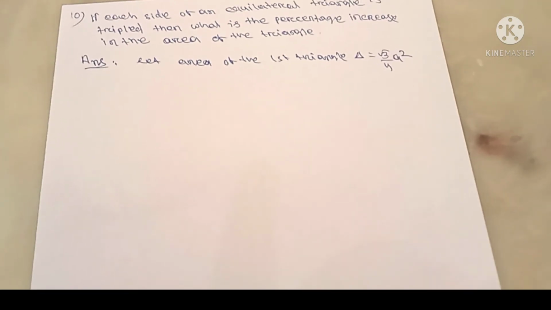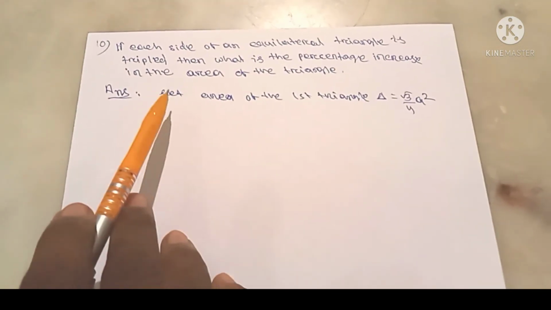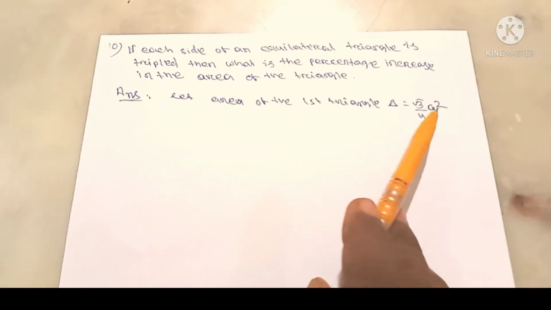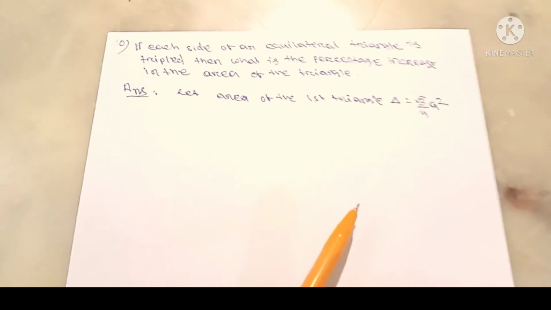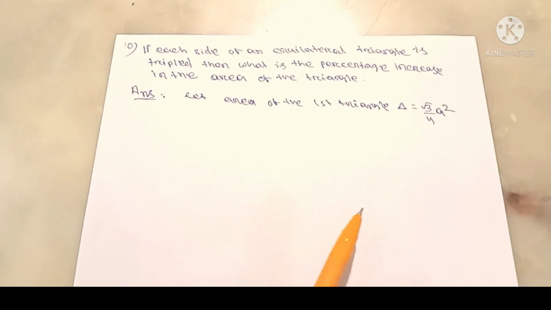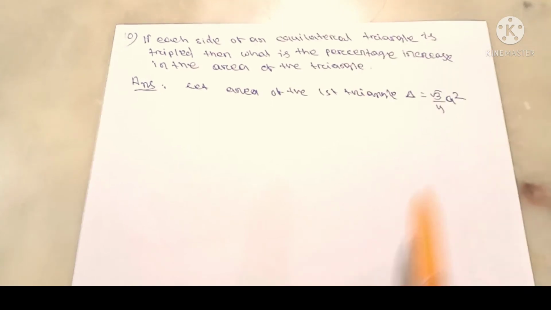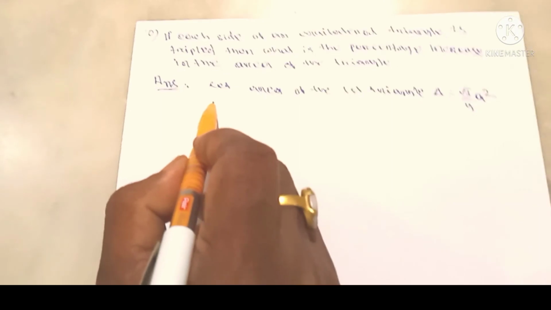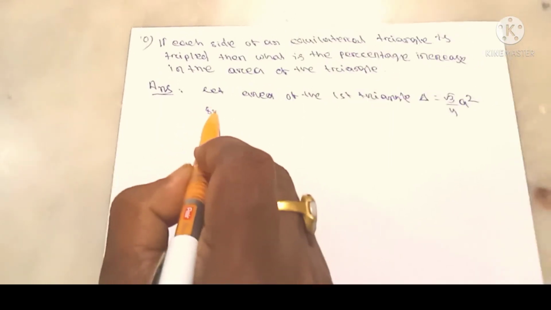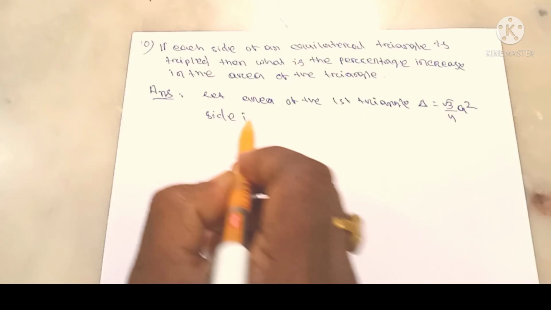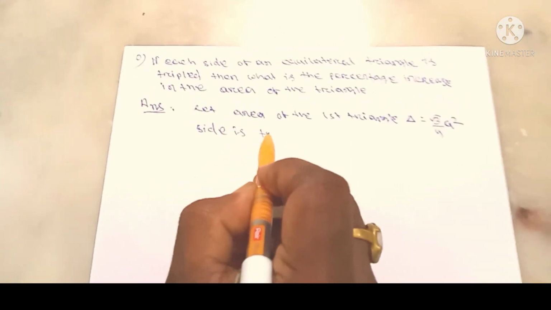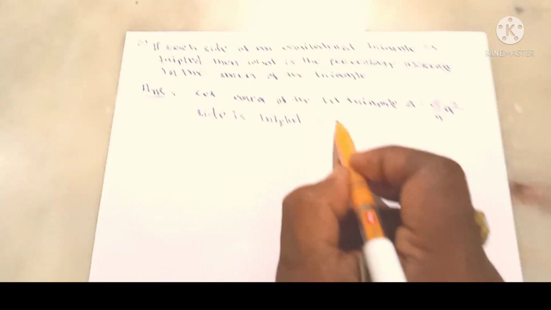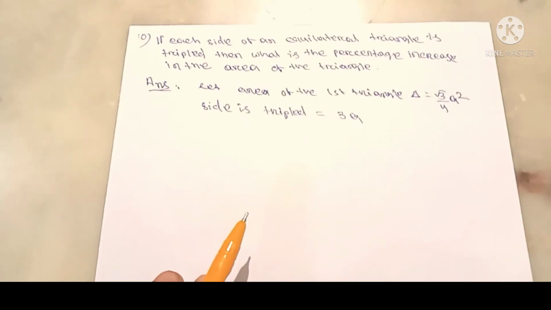First, let area of the first triangle delta equal to root 3 by 4 a square. As it is an equilateral triangle, so area is equal to root 3 by 4 a square. According to the question, if the side is tripled, side will be 3a.